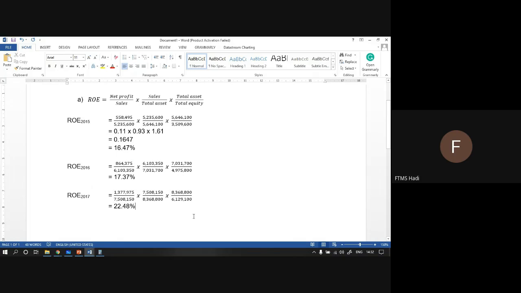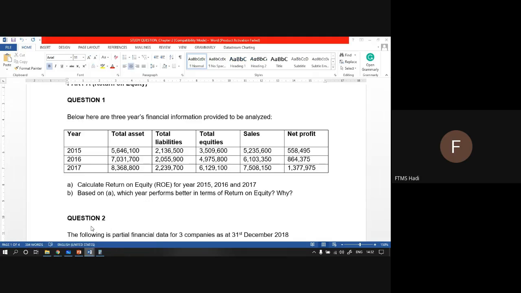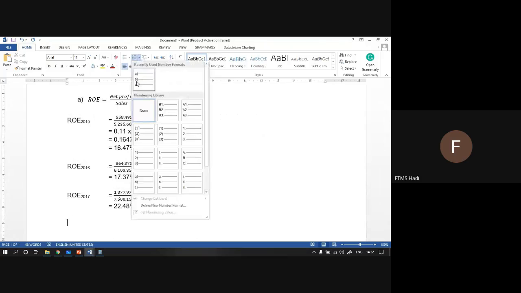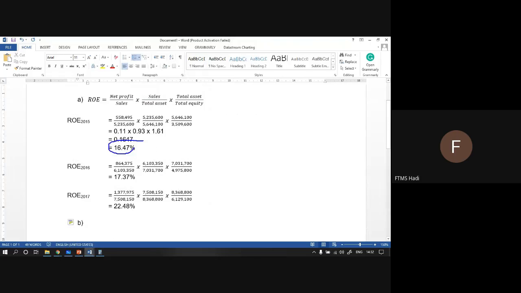All right, so next question. Based on A, that means your answer here, which year performs better in terms of return on equity and why? To answer question B, you need to compare these, and once you have done that, you will choose the highest.